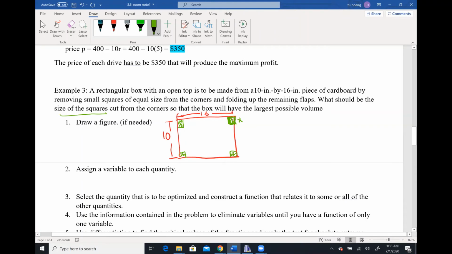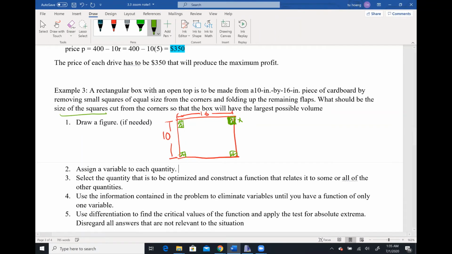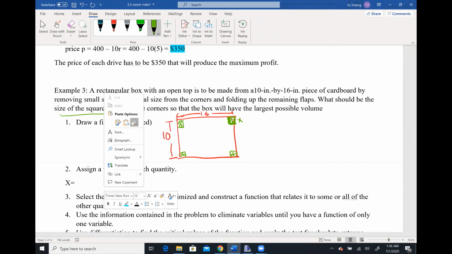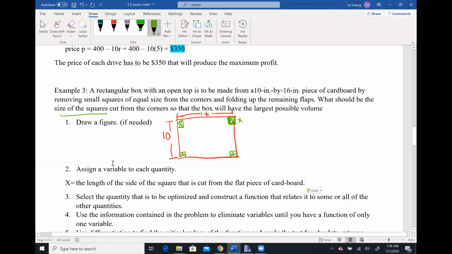Let's say x is the length of the side of the square that is cut from the flat piece of cardboard. So x is here. What else?